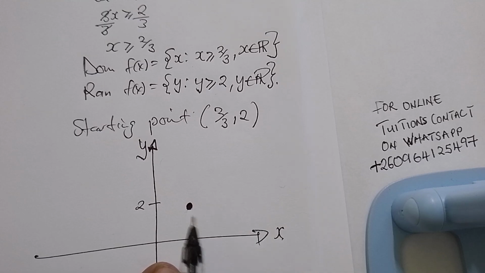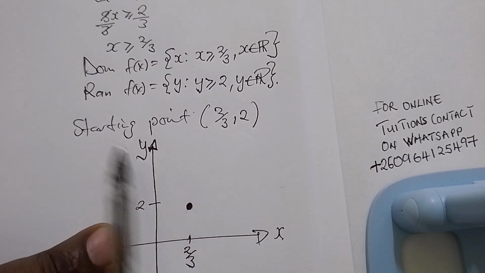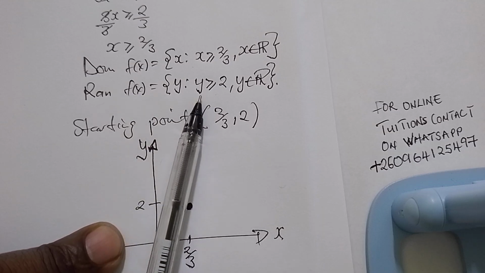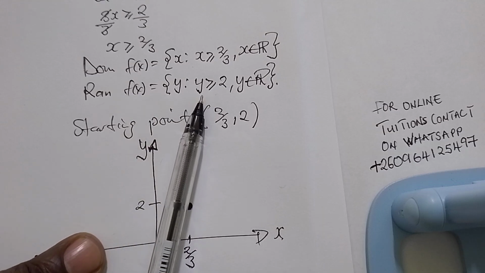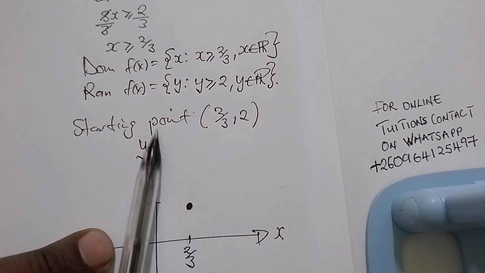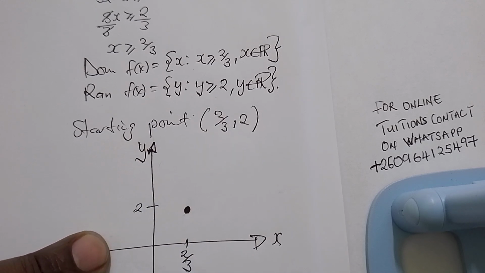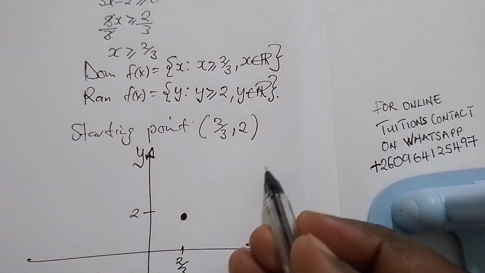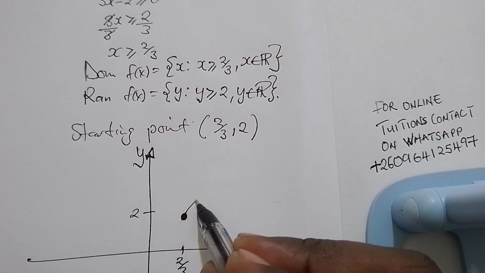What is going to determine where it's going to be? Again, we use the range. Using the range, y is greater than or equal to 2. Greater than 2 is going to be on top this side. So the graph in this case is going to be on top there. So the graph we expect to draw is going to look like this.